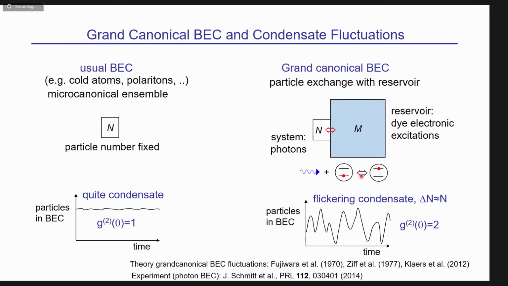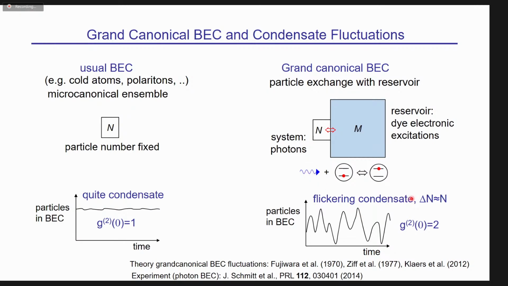So this is a photochemical reaction, which you can describe in the picture of the system photons being coupled to a reservoir with which not just energy can be exchanged, but also effective particles. If there are many more dye excitations than photons, this can act as a reservoir, which precisely corresponds to the grand canonical description. And if the size of this reservoir is much larger than the photon number, then it is a true reservoir.